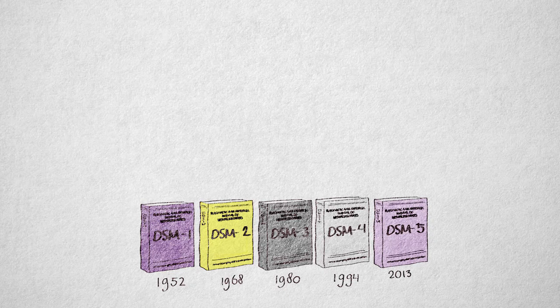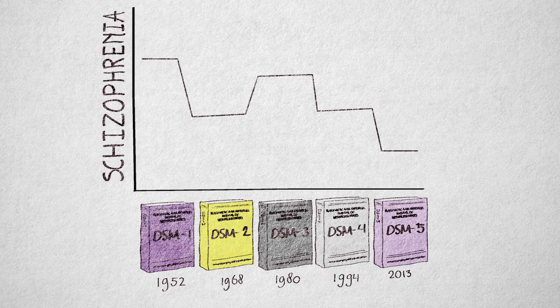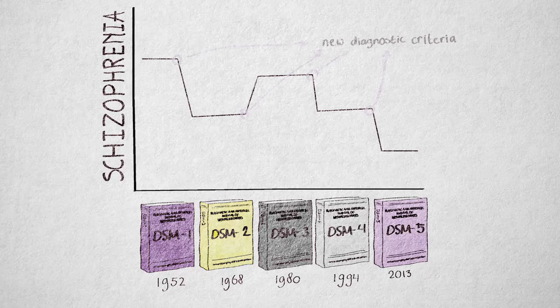Now you can imagine the problems this can cause, for example, for a researcher who is doing a long-term study on schizophrenia. In the recently updated DSM, several subtypes of schizophrenia are no longer recognized. Now if we see a decline in schizophrenia in the coming years, is this a real effect? Or is it due to the change in measurement system?